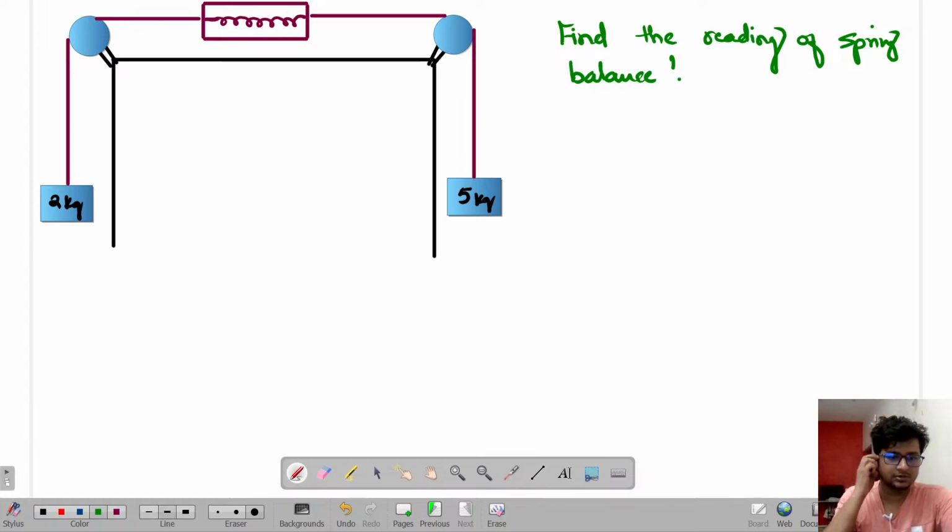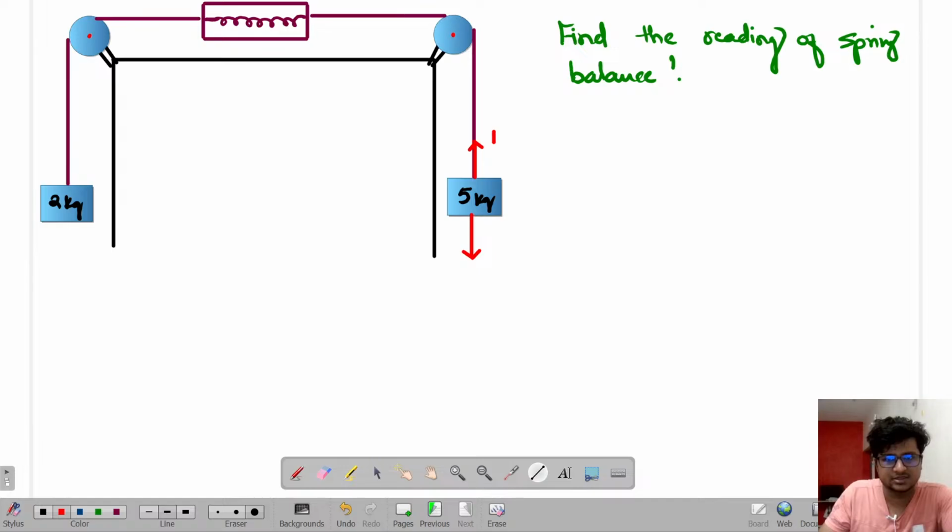Suruchi, how much? Okay, let's first of all, Ryan, any answer? Let's draw the FBD. See, any question goes through FBD, correct? Your task is to draw the FBD. This is the mass, how much? 5g. There is one tension, as there is a break over here, so I'll treat it like two threads.